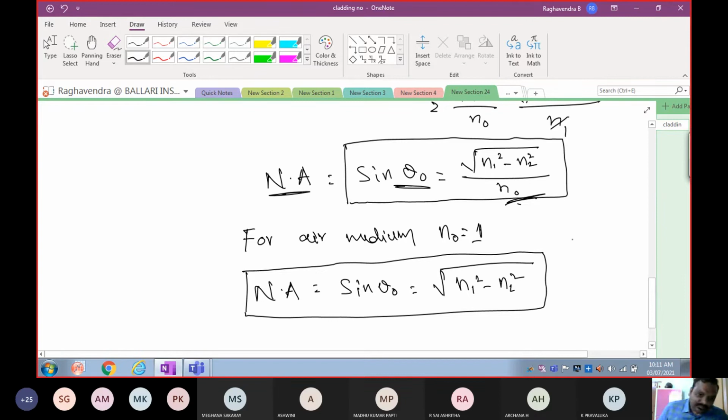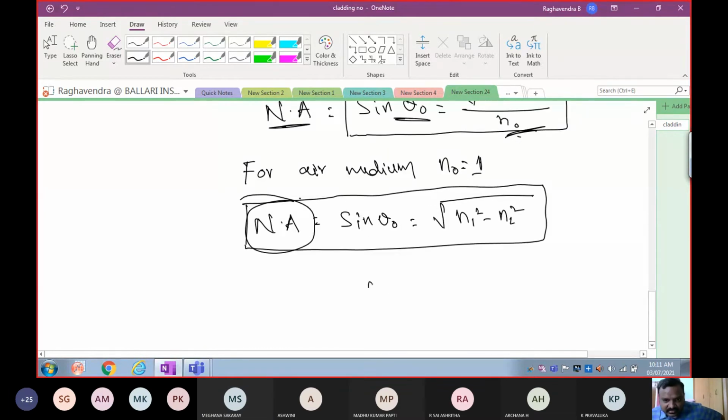Understood this? Yes, sir. You can also write like this: theta naught is equal to sine inverse of square root of n1 square minus n2 square.